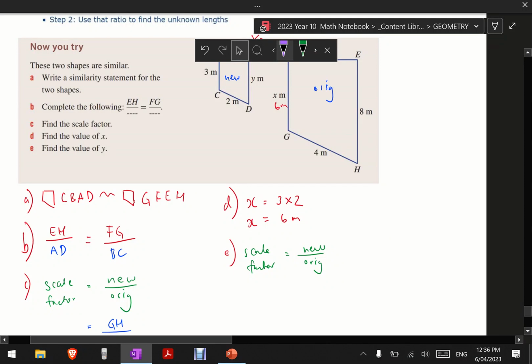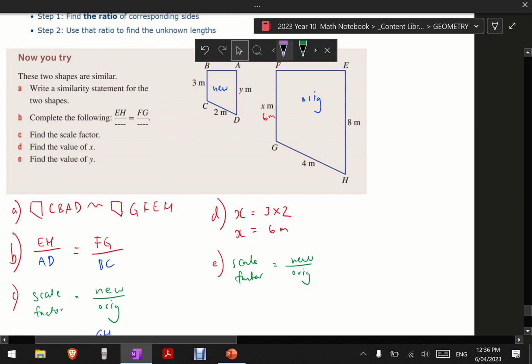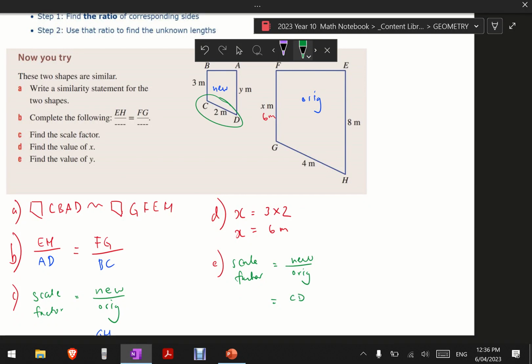In this case, I can actually use CD again. So this is my new shape, yeah? CD. And the corresponding side on the original one is GH.